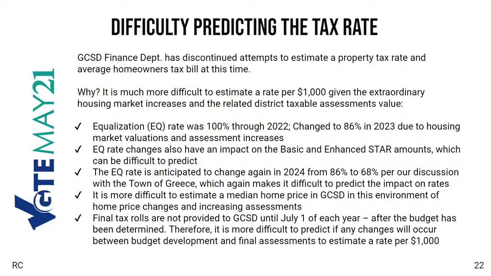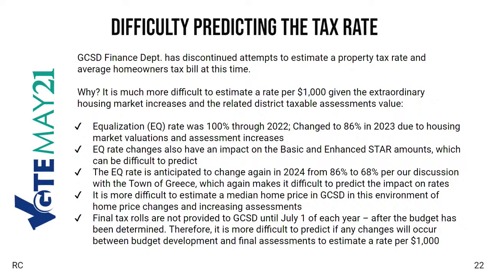And it's due to the market valuation and the assessment increases, not only in Greece, but across the state and across the country. The second point, the equalization rate changes also have an impact on the basic and the enhanced STAR amounts, which can be difficult to predict. We had that happen last year.